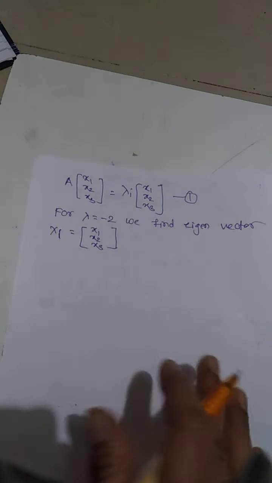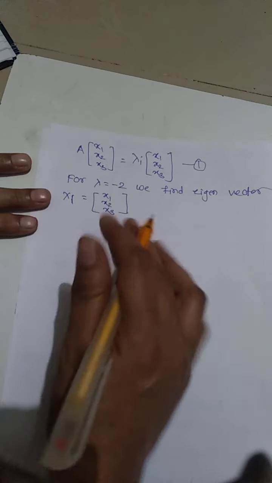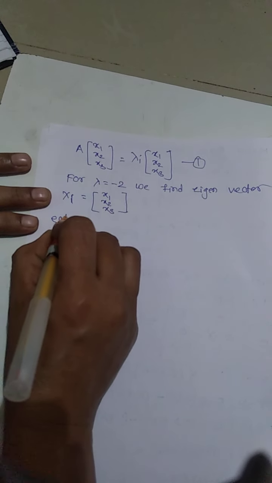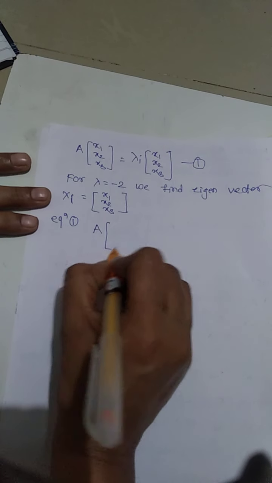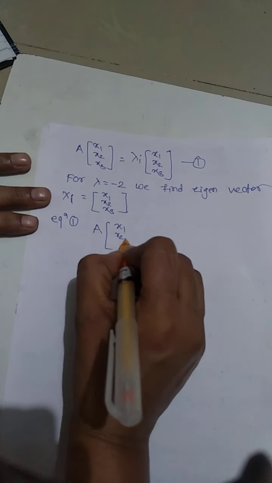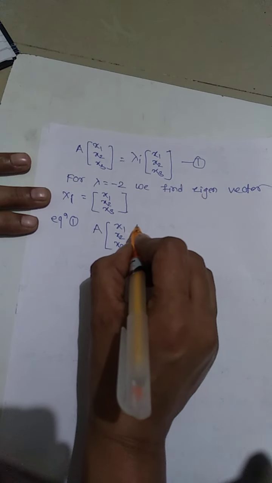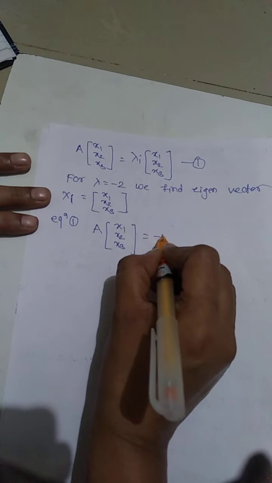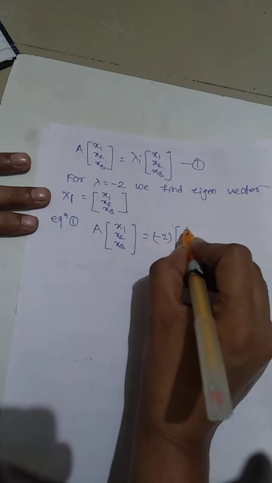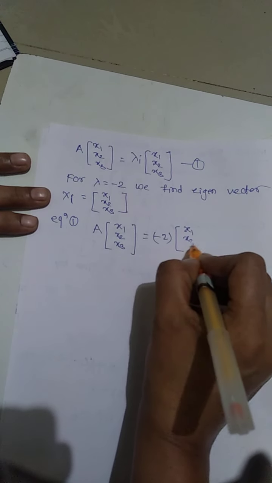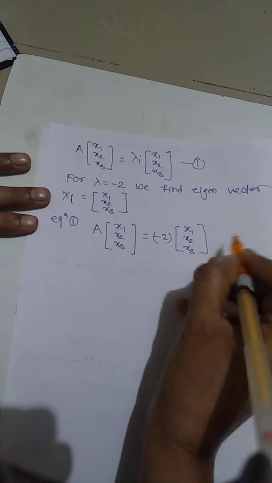Then from equation 1, A into (x1, x2, x3) is equal to -2 into (x1, x2, x3).